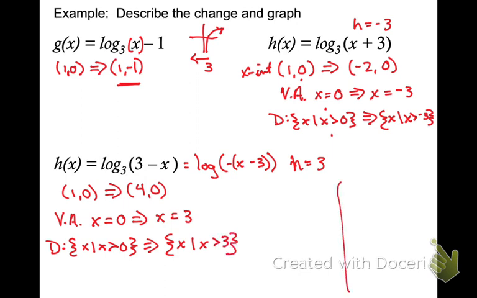So I want to sketch this real quick because there's something I'm not talking about on purpose. Here and here. What does this do? It makes it reflect on the other side of the y, yes?